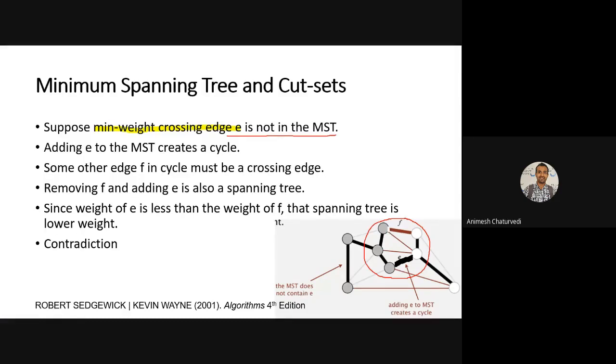You want to remove this F. How will you remove this F? You remove this F. Now, what is the minimum spanning tree that is now being created?